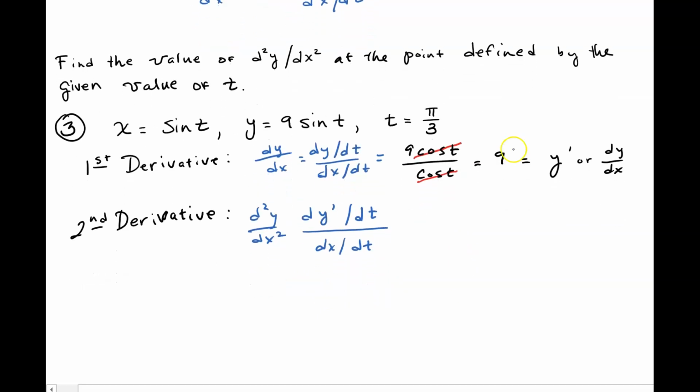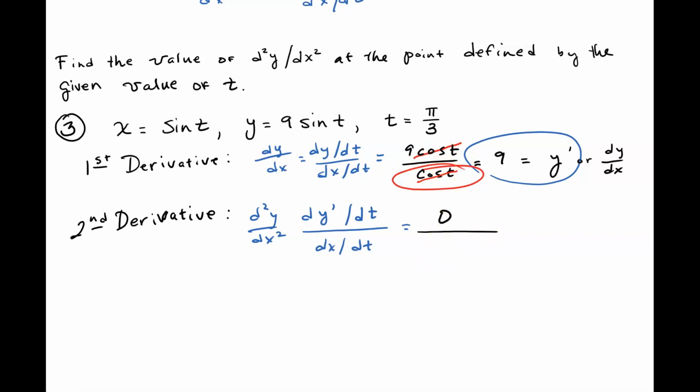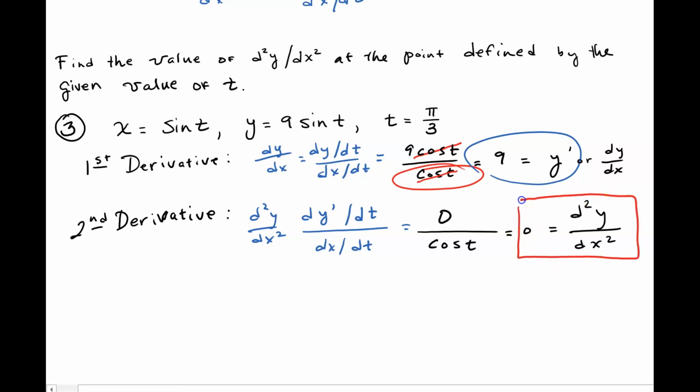So it's the derivative of this 9, which is 0, divided by the original derivative of x, which was cosine. But 0 divided by cosine is just 0. So this represents the second derivative you were looking for. There's really nothing to it. But we're going to look at one more example that's a little more involved. It'll take a little bit longer to solve, but this is the gist of it.